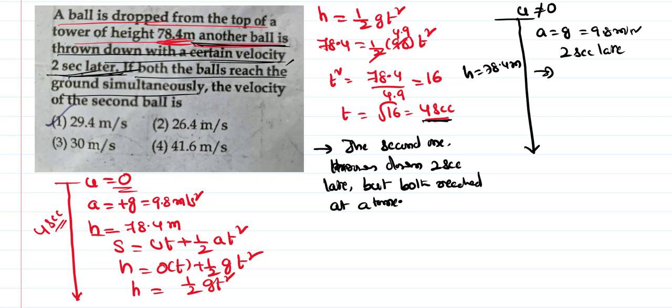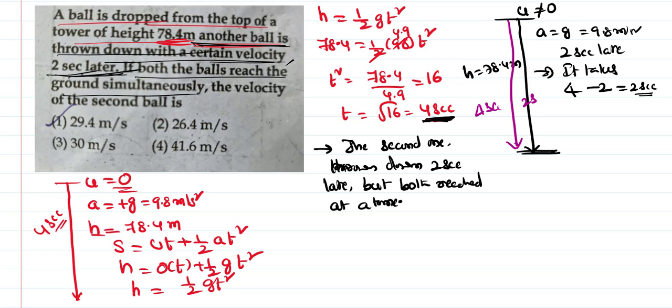So it takes the 4 seconds of the first case minus 2 seconds because it is 2 seconds late to reach the ground, because both of them reach the ground simultaneously. The first one has taken 4 seconds. The second one is 2 seconds late but reached the ground simultaneously. That means it shall take only 2 seconds. So for the second stone, it takes only 2 seconds to reach the ground.